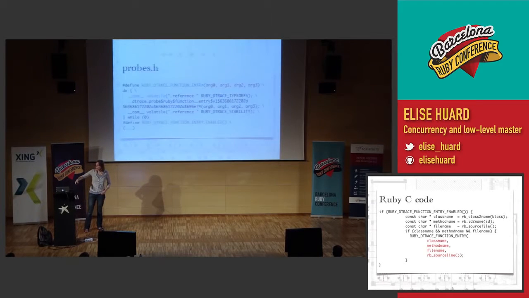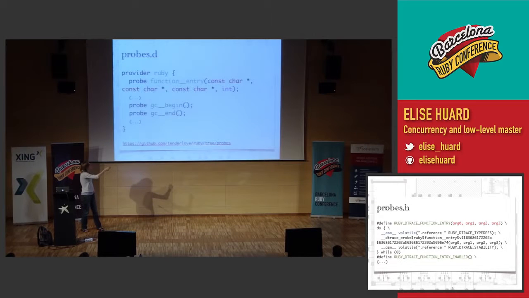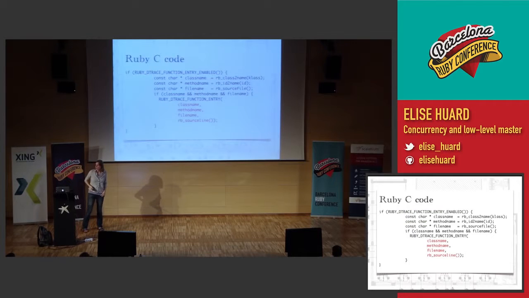If we look back at a probe, it has a number of arguments, which means you can pass something to the event you're firing. He makes sure that when you go through this bit of code in your VM, so when you enter a function in this case, it will pass class name, method name, file name, and source line to that event. So that's information you can use later.